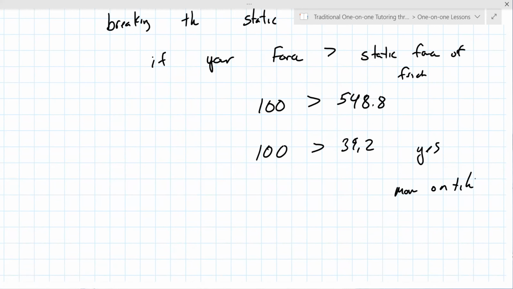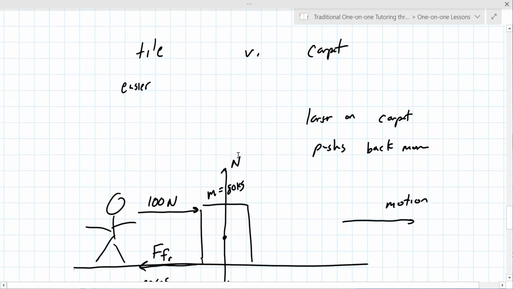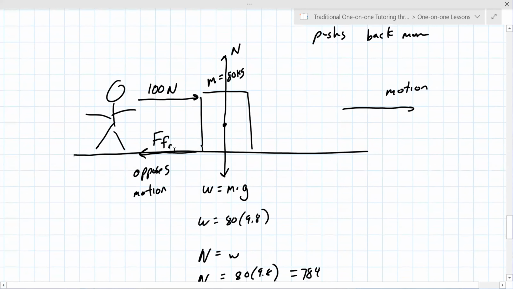Do you ever go to the gym? Have you been to a gym and worked out with weights, like machines where you push or pull? It's the same idea, because the harder you push, sometimes the more resistance you get. So that's the first main idea of friction: stuff doesn't move unless the force you apply exceeds the static friction.